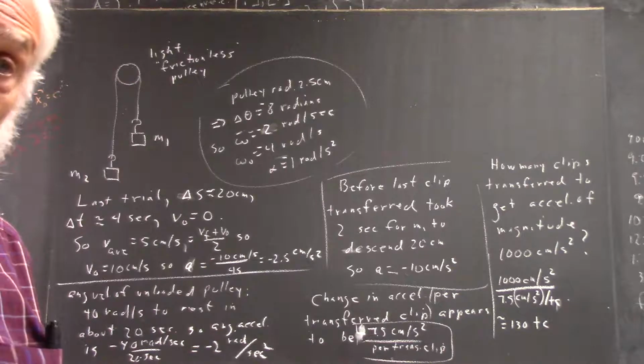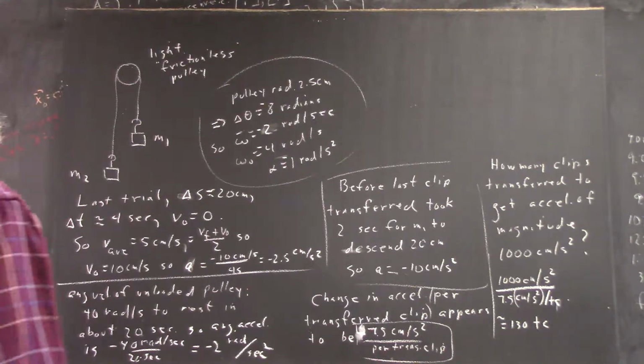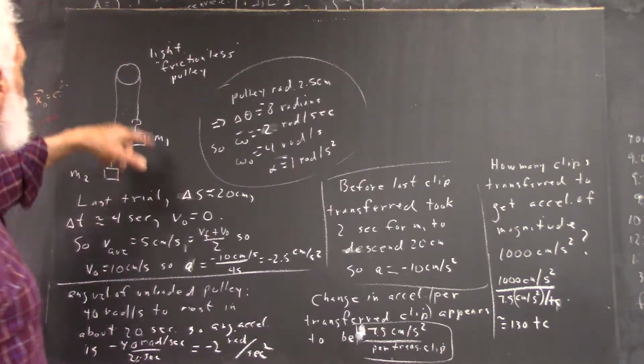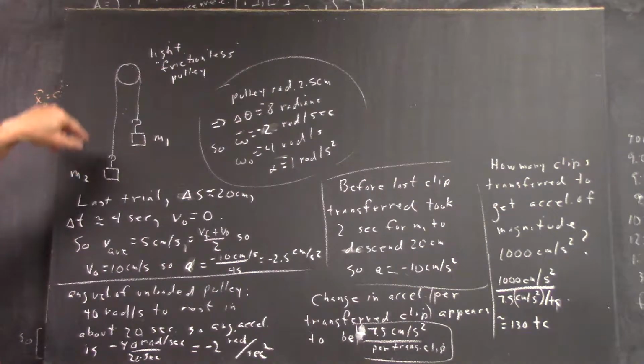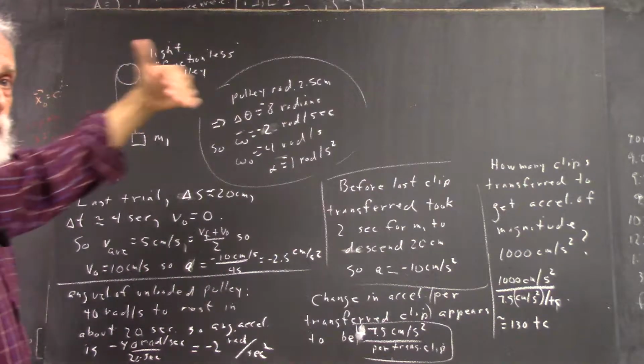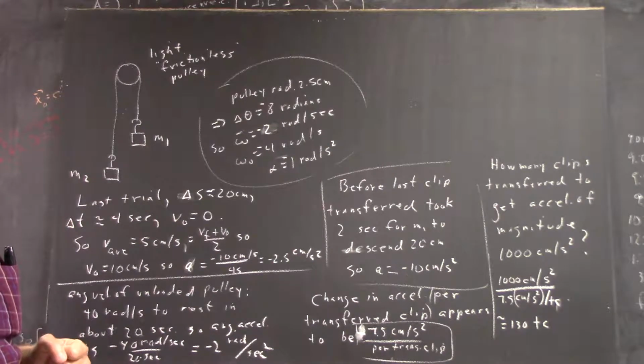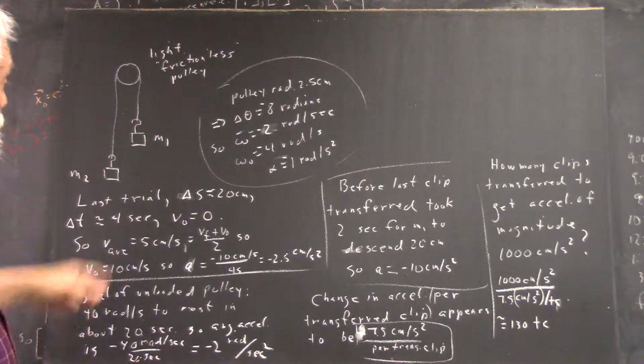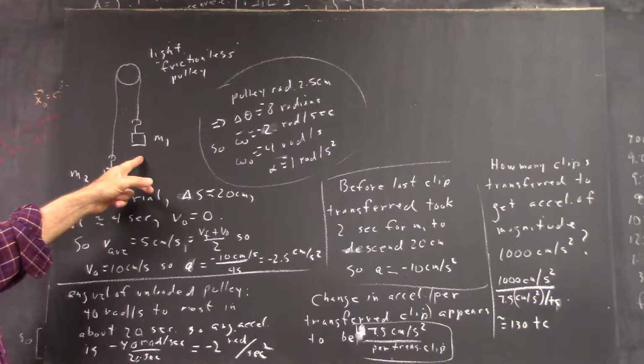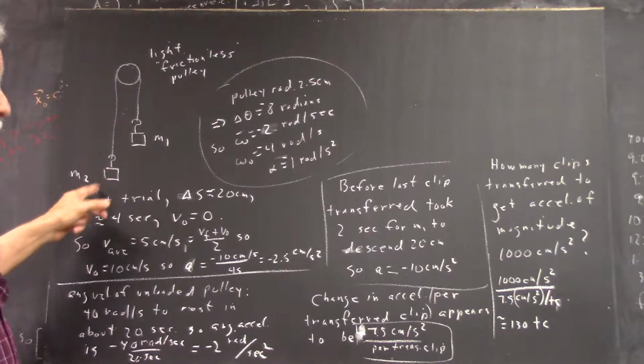As it's going to turn out, if I transfer a clip, gravity's exerting a force here, gravity's exerting a force here, right? When I transfer a clip, we lose the force gravity's exerting on that clip here, and we gain it here.